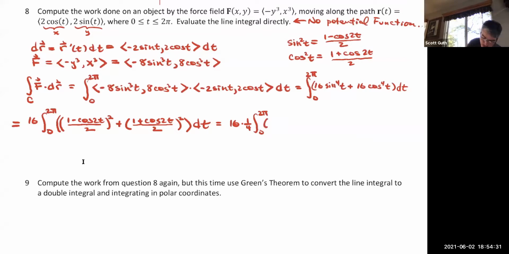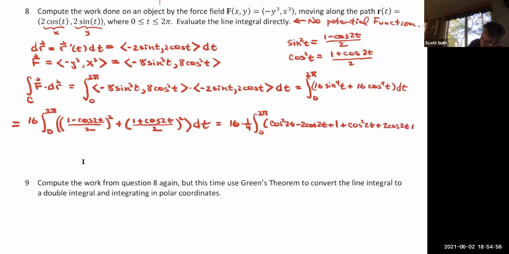You're going to get a cos squared 2t. You get minus 2 cos 2t. You get a plus 1. That's the first part. And then the second part, you're going to get a cos squared 2t. You're going to get a plus 2 cos 2t.